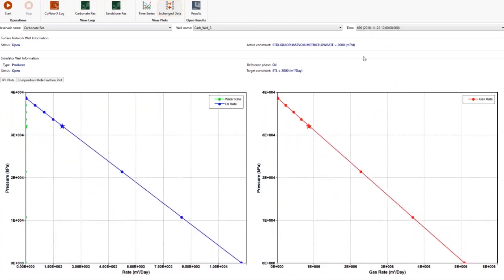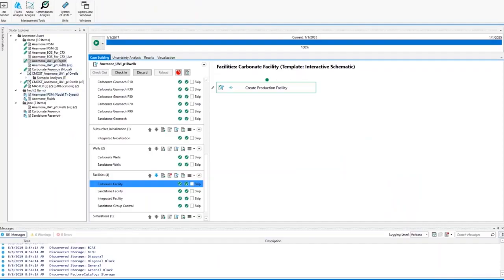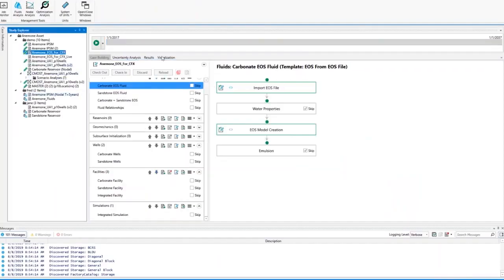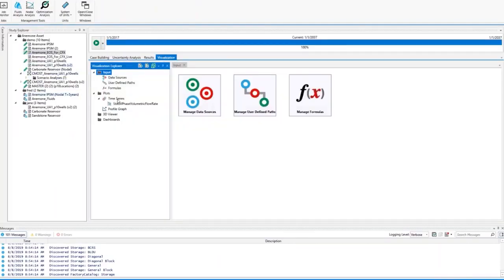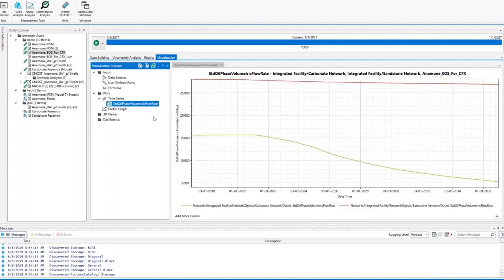And on the other side, Coflow is transferring the active constraint, the rate at which the well can flow, to GEM, and GEM takes care of that and uses that for the next time stepping. So I can go in Coflow and look at my results from this simulation as well. If I want to look at something specific for facilities, I can go in here and look at, okay, how much was the flow coming from the sandstone and the carbonate reservoirs? And this is a different model than the one I showed you before.